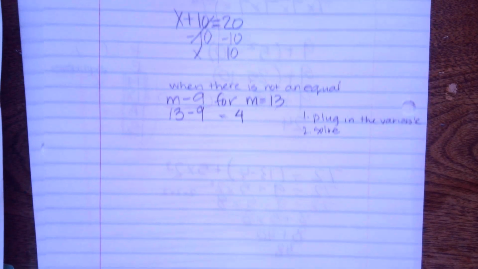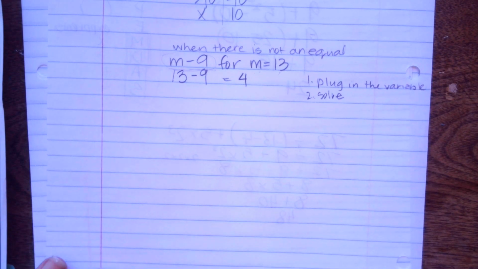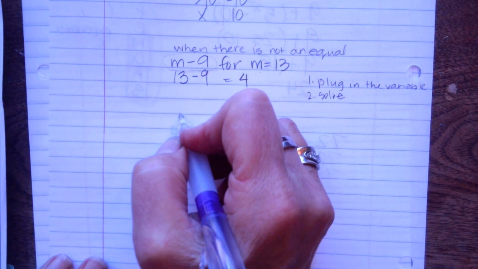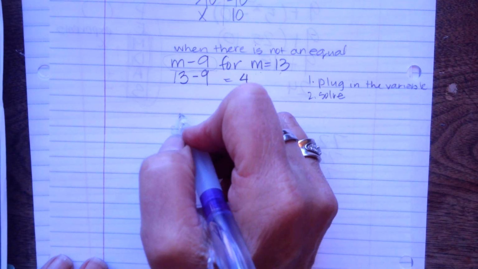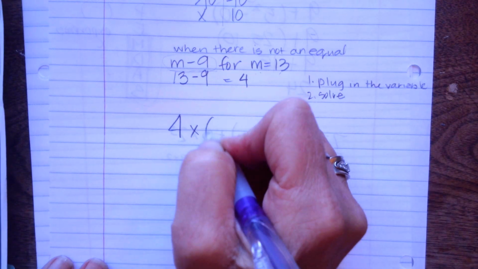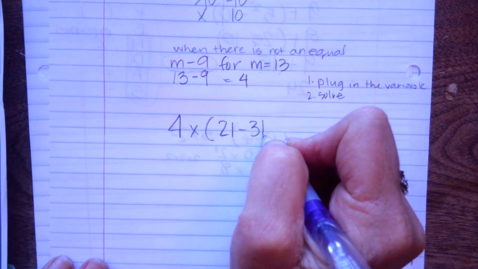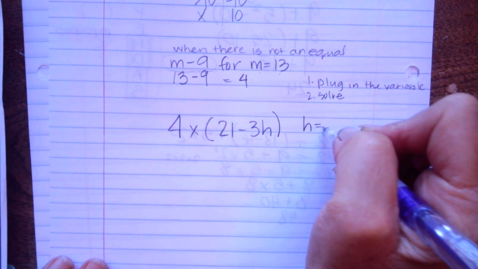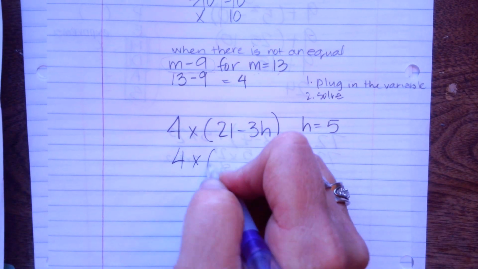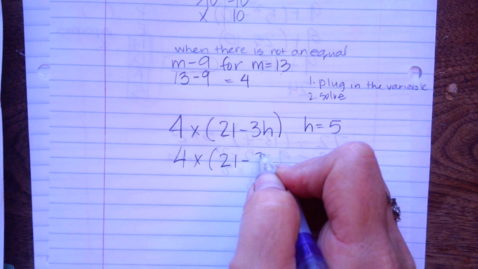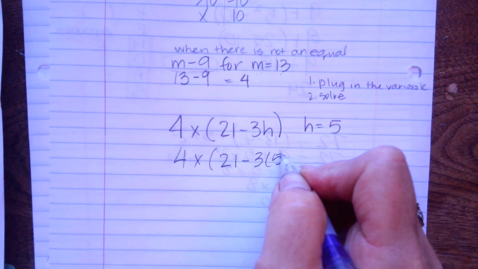Let me do a little more complicated one. So if they say 4 times (21 minus 3h) and h equals 5, then everywhere you see an h, you're going to write a 5. So we're going to do 4 times (21 minus 3 times 5).